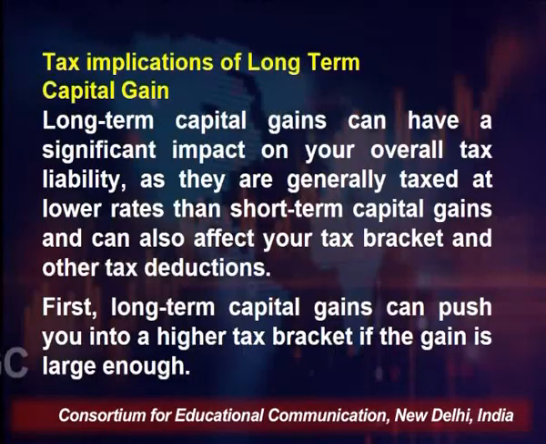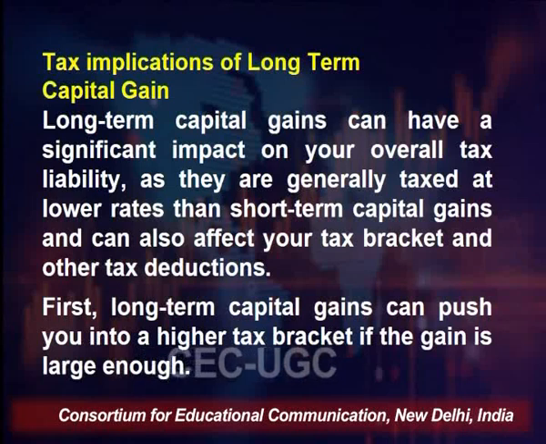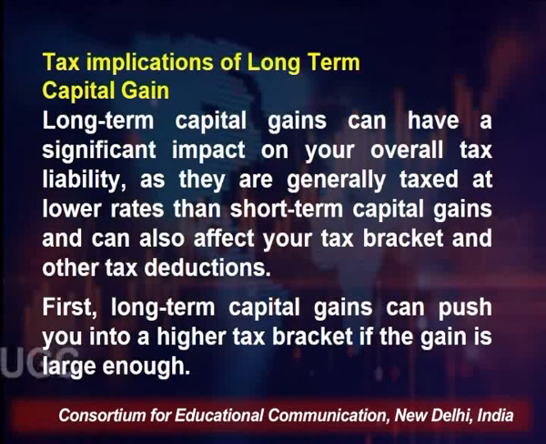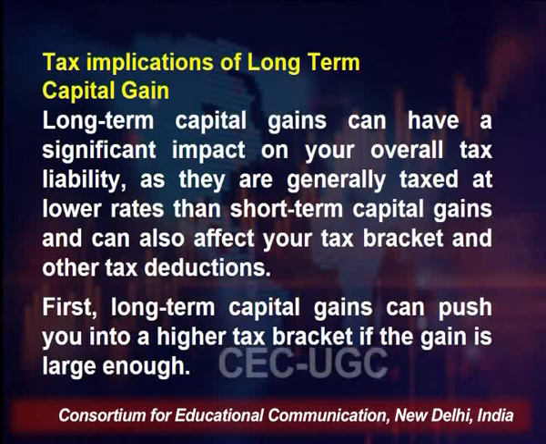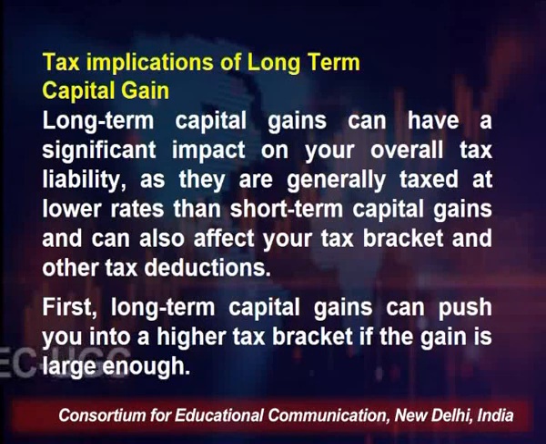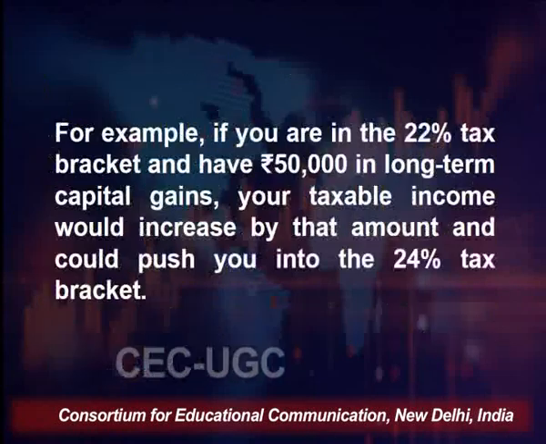The long-term capital gain can have a significant impact on your overall tax liability, as they are generally taxed at lower rates than the short-term capital gains and are also affected by your tax bracket and other tax deductions. So first, the long-term capital gains can push you into a higher tax bracket if the gain is large enough.